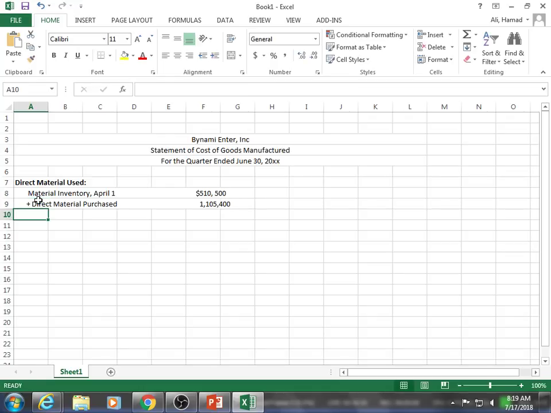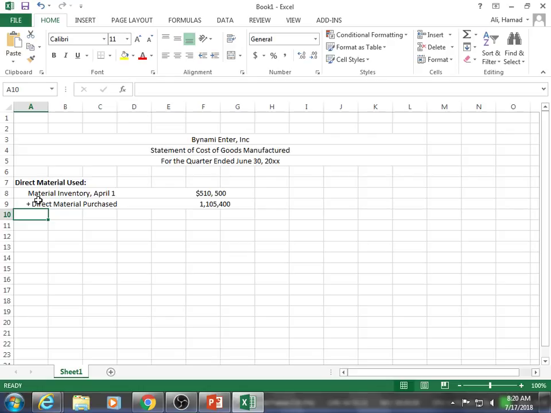Okay, what would that give us? It will give us cost of material available for use. Remember, in cost of goods sold, it was available for sale. Here we say cost of material available for use.